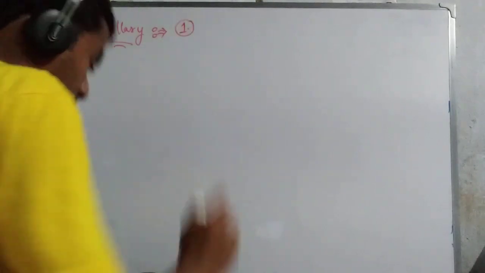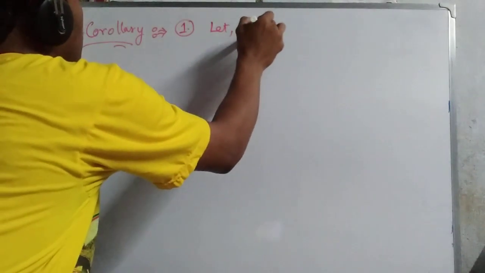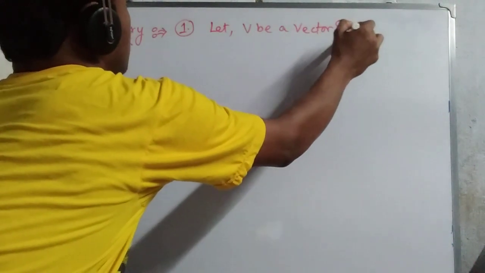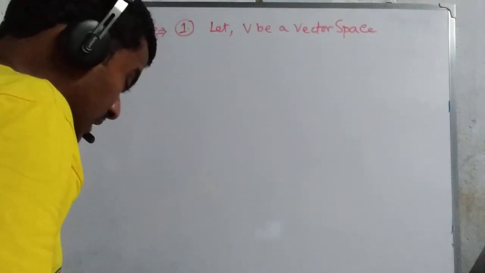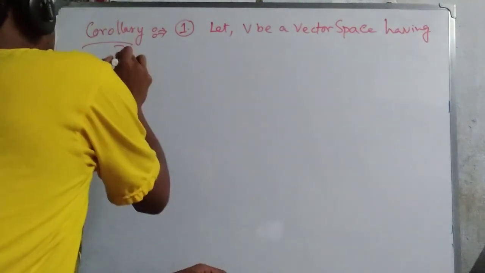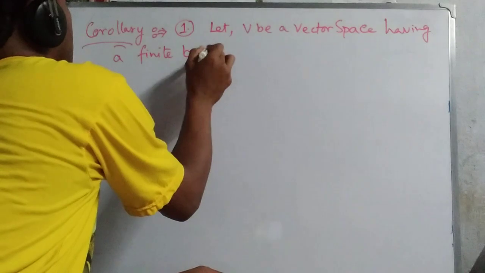Corollary 1. Let V be a vector space having a finite basis.